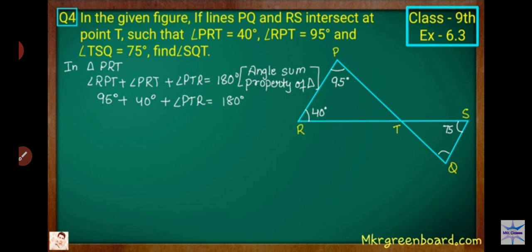Add these two values, so it becomes 135 plus angle PTR is equal to 180 degree.